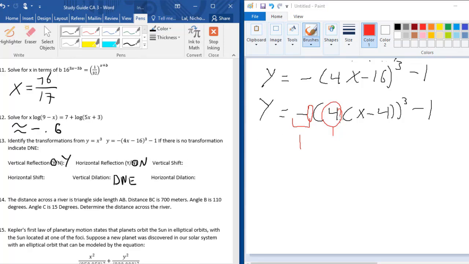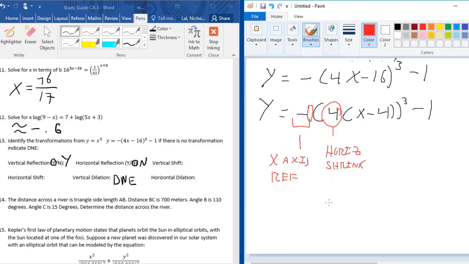Now I look at this 4. This does mean that there is a horizontal dilation. In fact, there's a horizontal shrink. So this is an x-axis reflection. This is a horizontal shrink. And horizontal, you do the opposite of what you think.